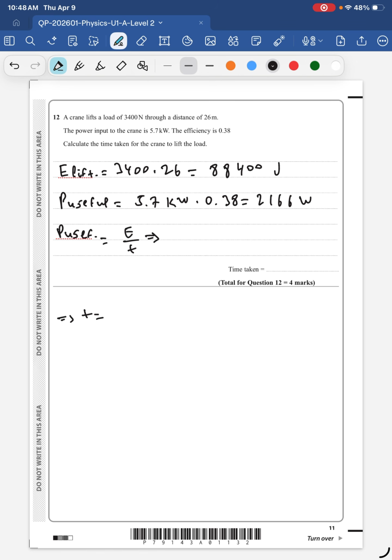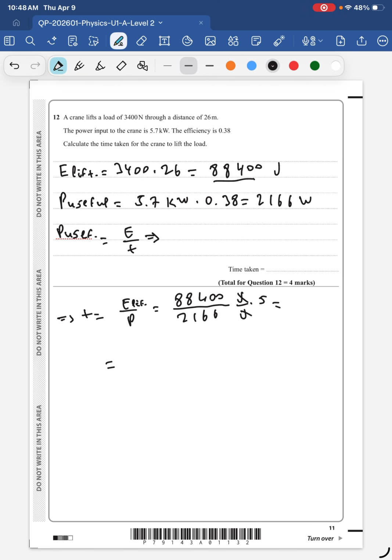Now P useful is going to be energy over time. So time is energy, and this is the energy we need for the lift, over power. So 88,400 joules over 2,166 watts, which is joules per second.